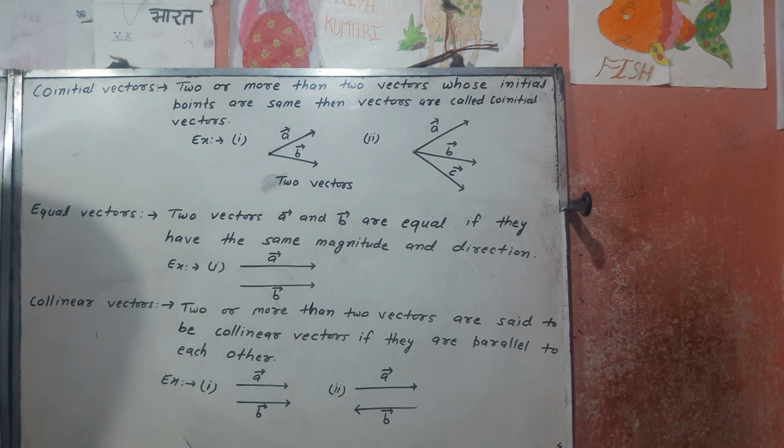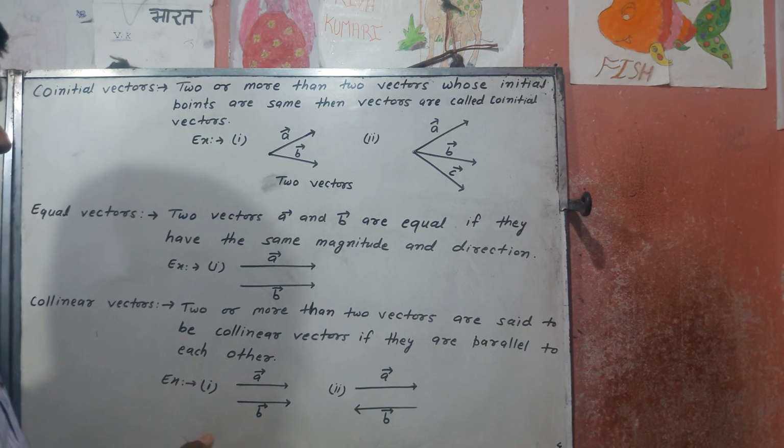Example 1. Vector A and vector B. In this example, A vector and B vector are parallel to each other. So, given example, A vector and B vector are collinear vectors.